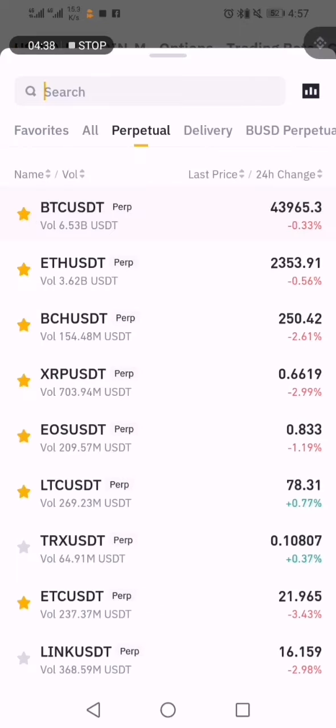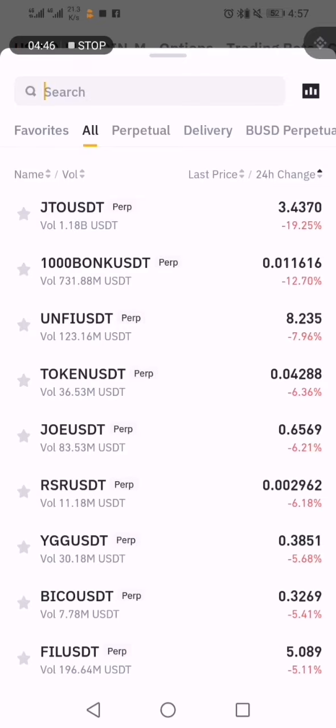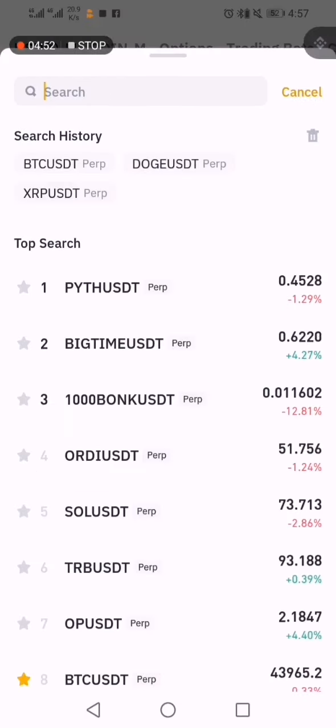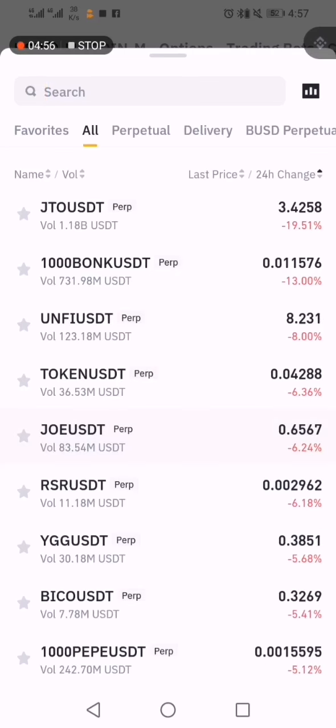Let's go down. This is not what I wanted to choose, but let's go down. Oh, a lot of these assets, they are on the red side. Oh my god.